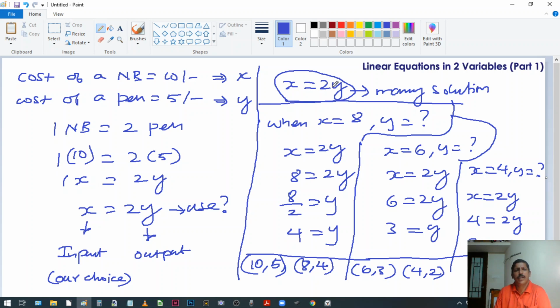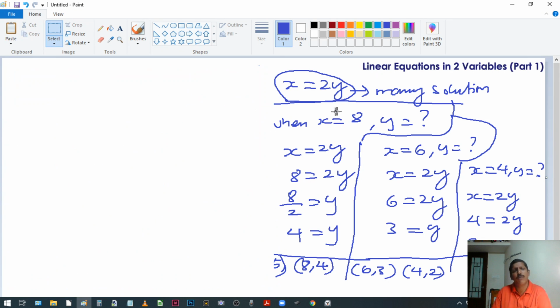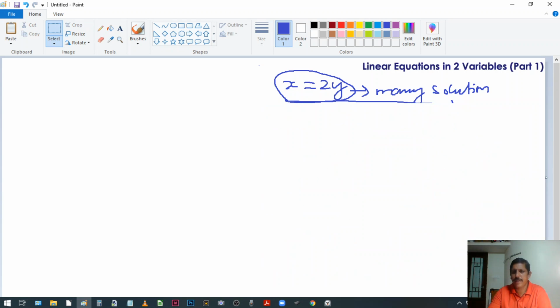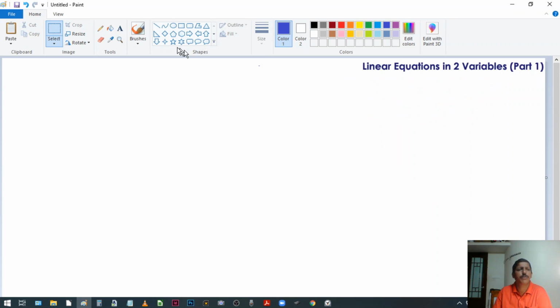Okay, now an equation can have one solution, can have two solutions, can have many solutions. There are different possibilities. So let me delete this one and let me explain to you about the different solution methods.